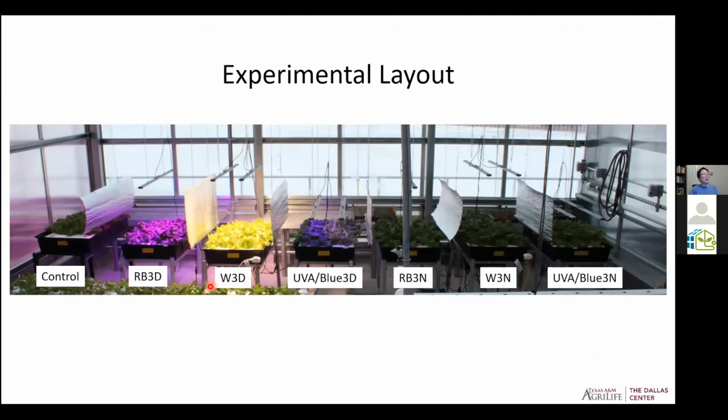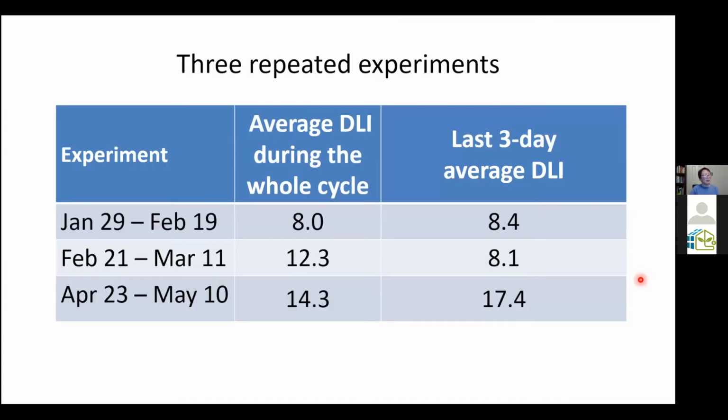So here is the experiment layout: 3-day red and blue, white, and UVA, and then red and blue, white, and UVA at night. We conducted 3 experiments from late January all the way to May 10 in 2021. We noticed that during the last 3 days, when we turn on the supplemental lighting, the natural light would interact with the supplemental lighting.